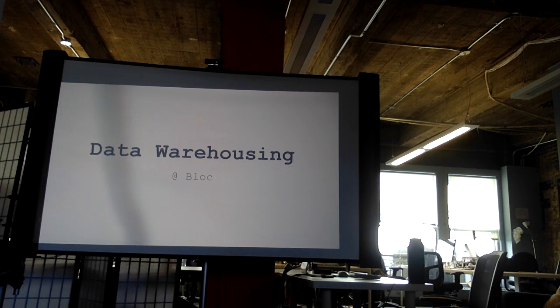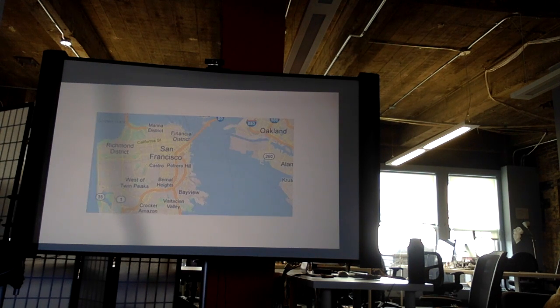We're going to talk about data warehousing and Bloc. You guys probably already know what this is, but I wanted to reuse this slide from the all hands presentation because it's funny. So, basically the data warehouse is a lot like San Francisco.